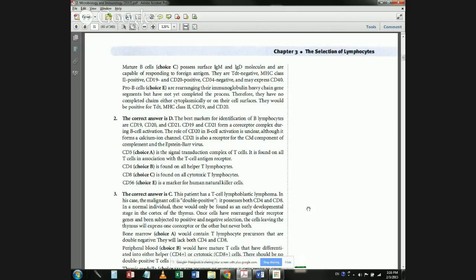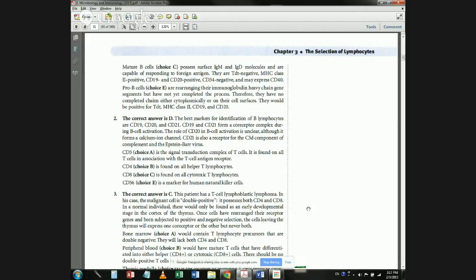Bone marrow would contain T lymphocyte precursors that are double negative. They will lack, oh, I see. So bone marrow at that time doesn't have CD4 or CD8. When do they get those? Peripheral blood would have mature T cells that have differentiated into either helper CD4 positive or cytotoxic CD8 positive cells.